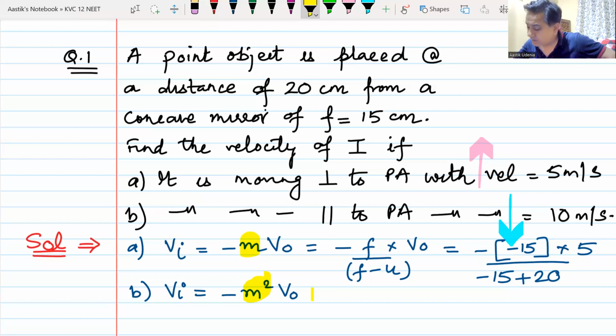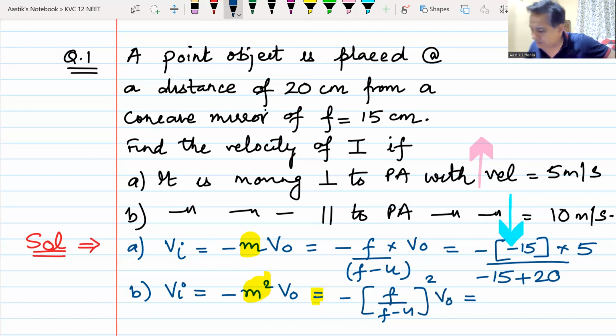So we just put the values. Minus of f upon f minus u, squared, multiplied by v naught. You can put the values and get the answer, yes or no? Sir, is the answer 90?